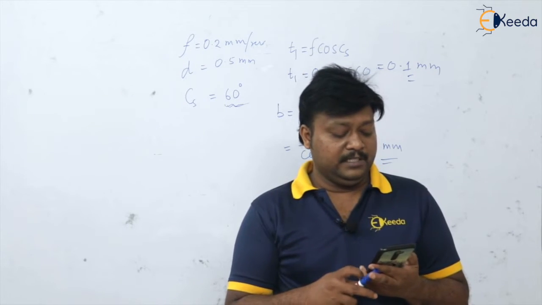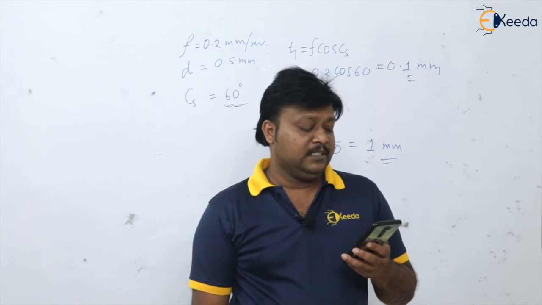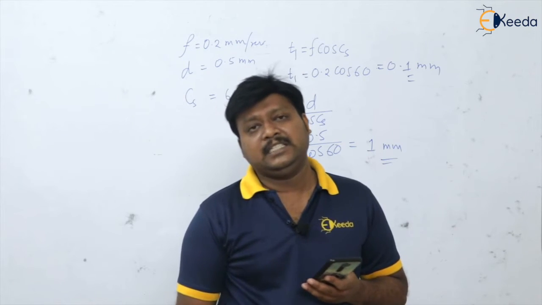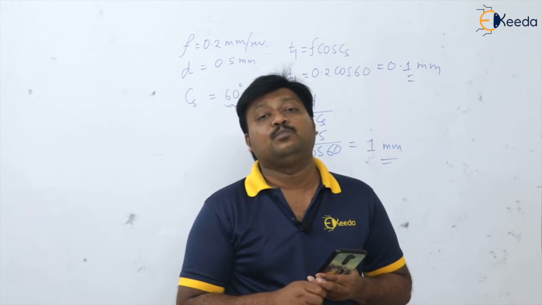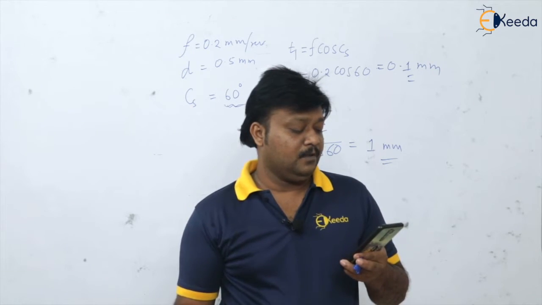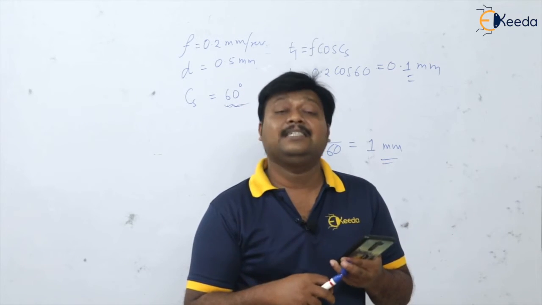Again, next question from the HSS, that is high speed steel tools. In comparison to HSS, super HSS contains the highest percentage of... Super HSS are nothing but where the tungsten percentage is higher. Sorry, not tungsten but vanadium. Vanadium percentage goes on increasing.